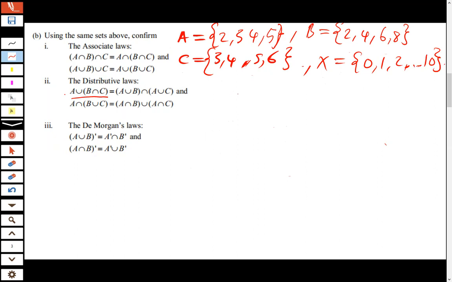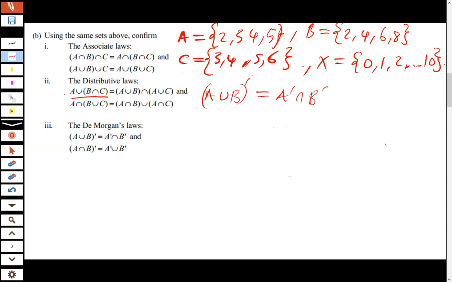So from there, let us prove the first law, which is the complement of A union B is equal to A complement intersection B complement.